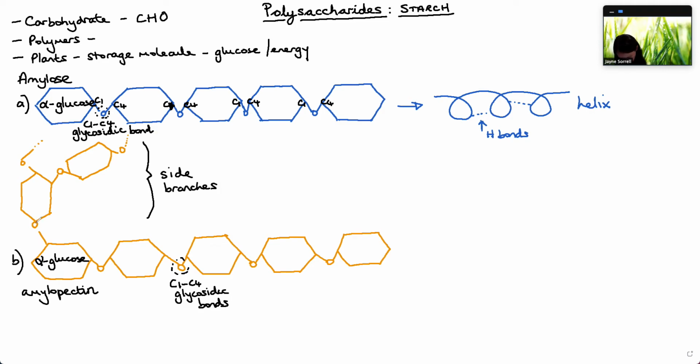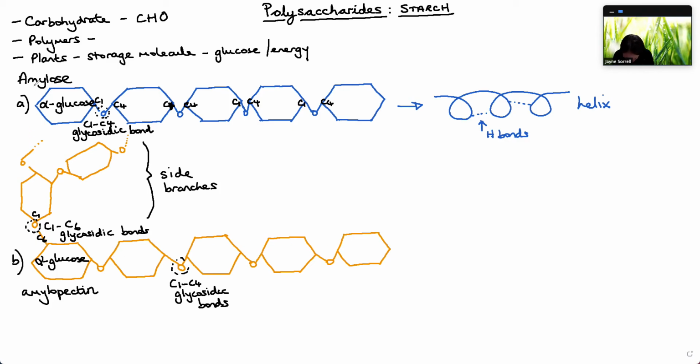The side branches are joined to the main chain by carbon 1 to carbon 6 glycosidic bonds. So up here is the carbon 6 and this is the carbon 1 position. So the bond is between the carbon 1 and the carbon 6, and that is just the bond that joins the side branch to the main chain.